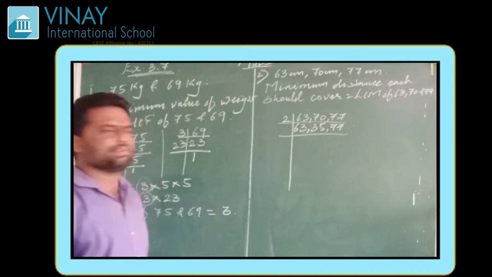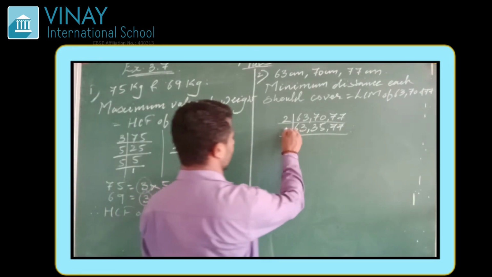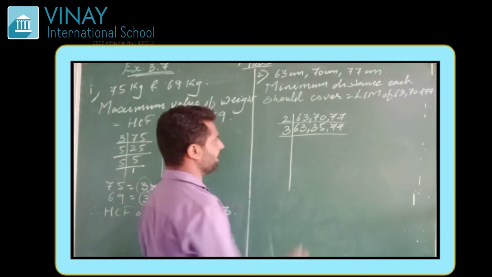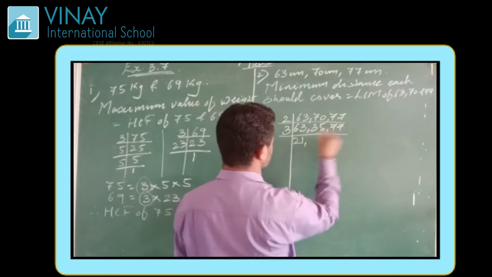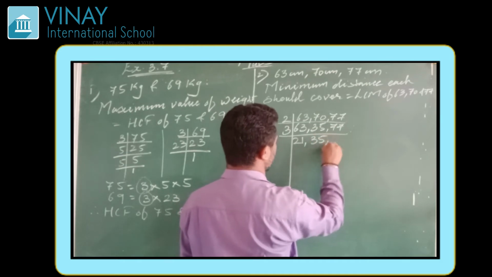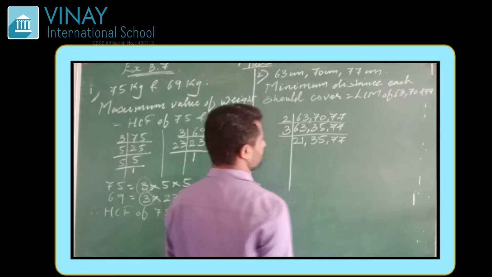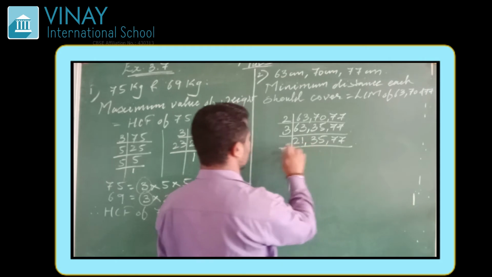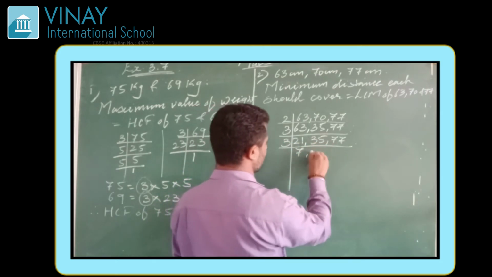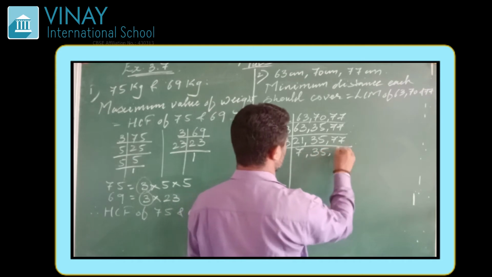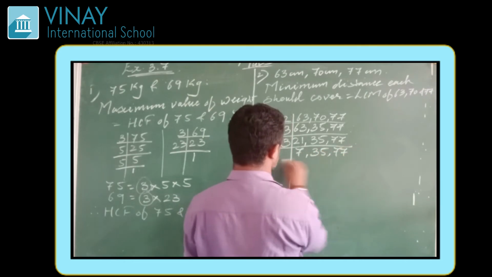Now no number is divisible by 2. 63 is divisible by 3, it will be 21. 35 will remain as it is, and 77 as it comes. Again this 21 is divisible by 3. It will become 7, 35, 77.